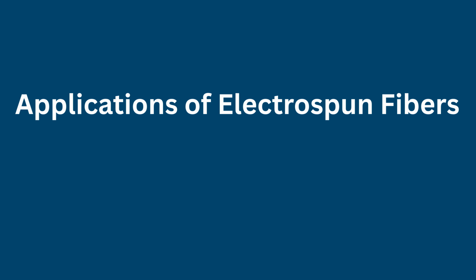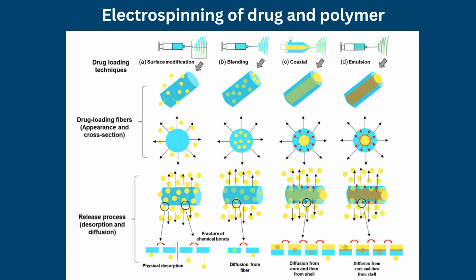Applications of electrospun fibers. Electrospun fibers possess unique structural and functional characteristics that have enabled their widespread adoption across diverse fields. In biomedical engineering, they are used for tissue scaffolding, wound healing, and drug delivery, where their high surface area and controllable porosity facilitate cell attachment and controlled release.